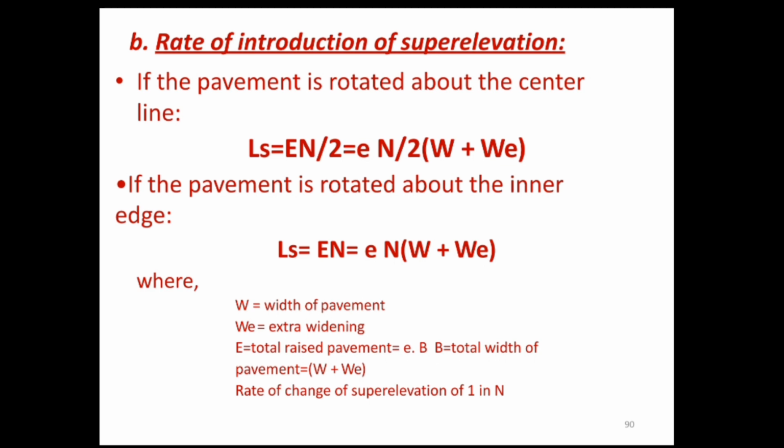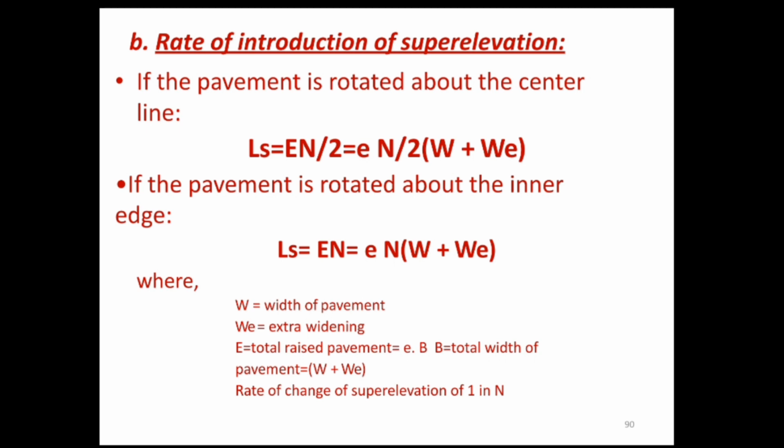Now, let E equal the rate of super elevation, which is the designed super elevation. W equals the width of the pavement. WE is the extra widening on a circular curve. So the total width B of the pavement will equal the width of the pavement plus the extra widening, that is W plus WE.